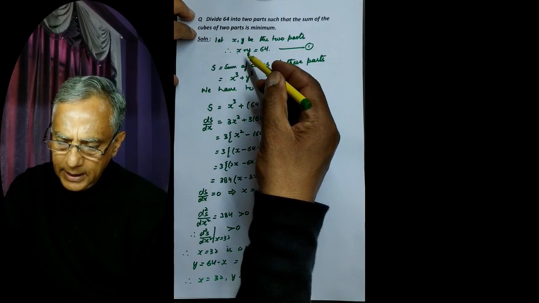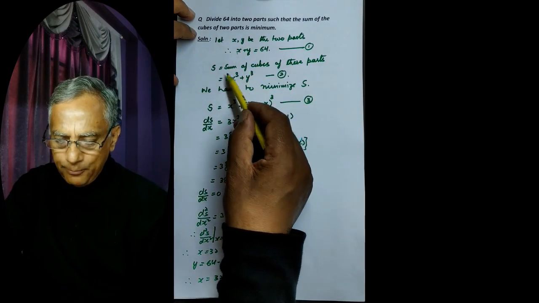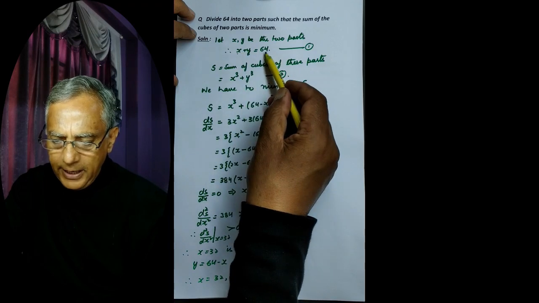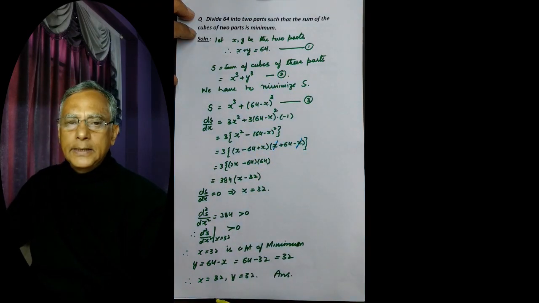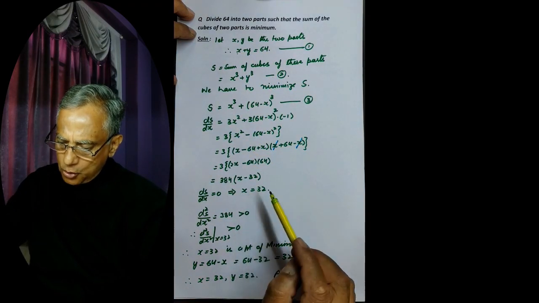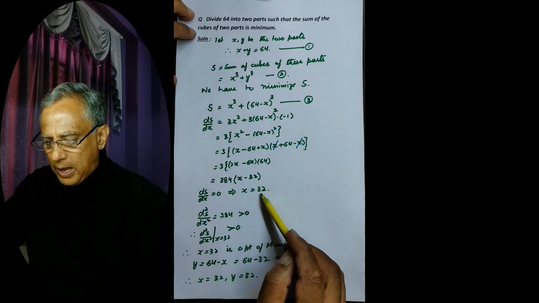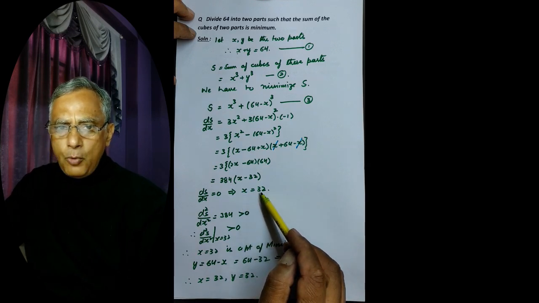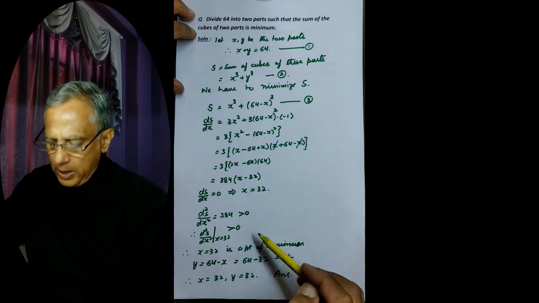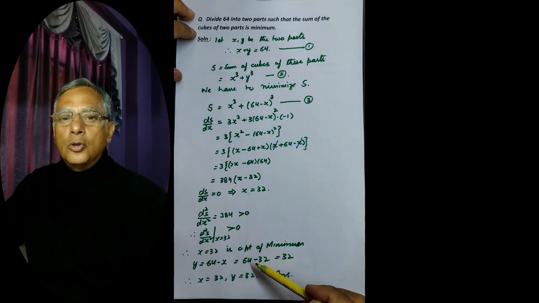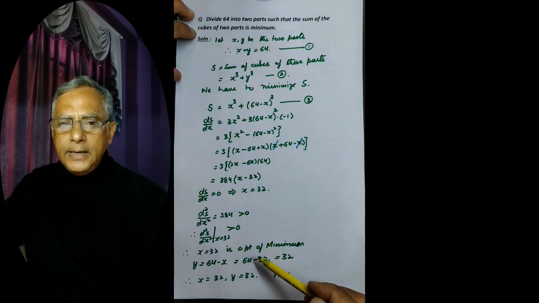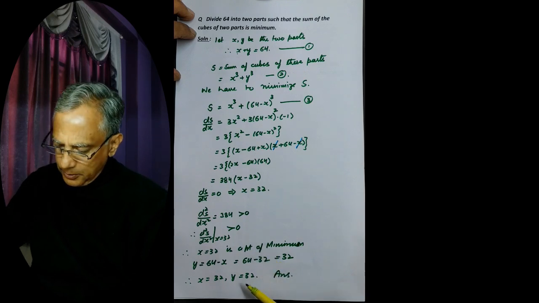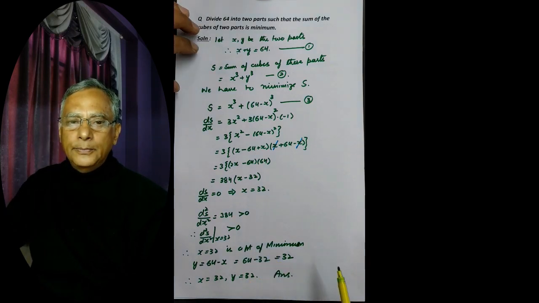So what we do is we first express this function as a function of a single variable and proceed as usual. And here we must note that since we are having only one critical point, if this point is a point of local minimum, it will also be a point of absolute minimum. So this will be the minimum value.